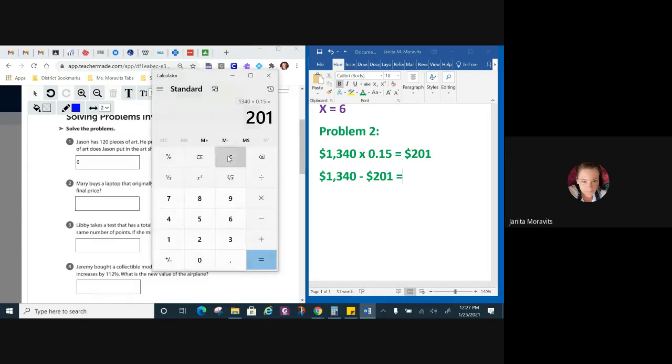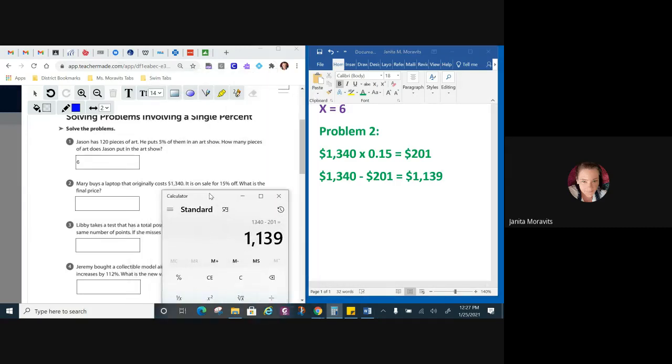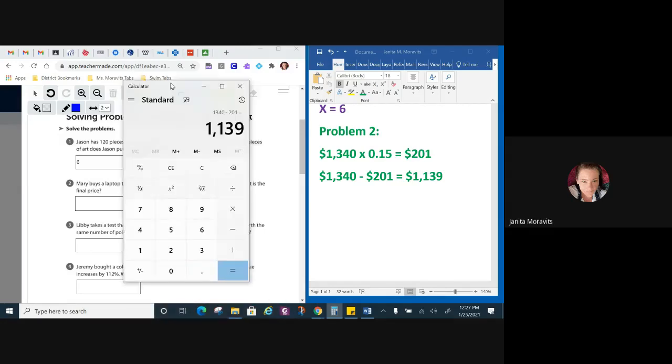So let's clear this out. $1,340 minus $201 equals $1,139. $1,139 is what she actually pays for it. Now, just so you know, there's another way that you can do that. If it's on sale for 15% off, that means she's going to pay 100% minus 15% of the price.